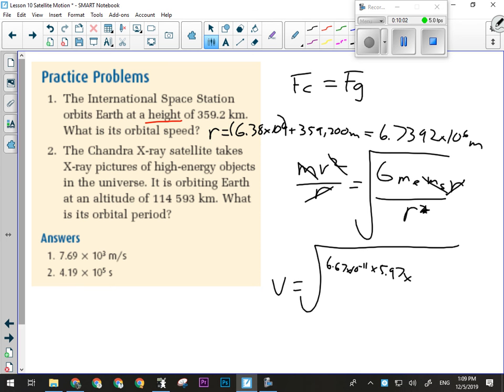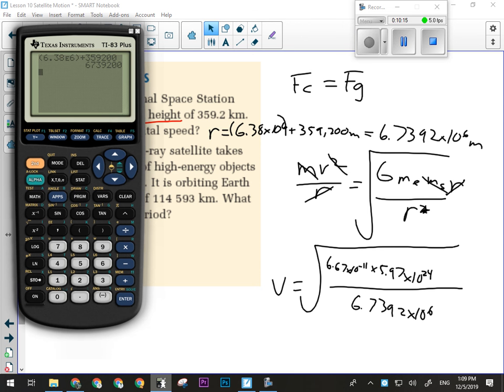Textbook uses 5.97 times 10 to the 24, divided by our answer from the last one, 6.7392 times 10 to the 6. Sorry, I have to square root that.